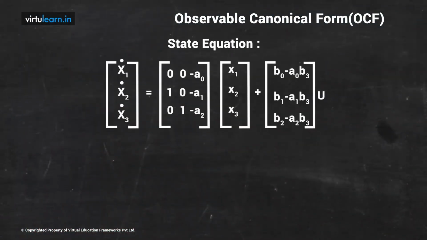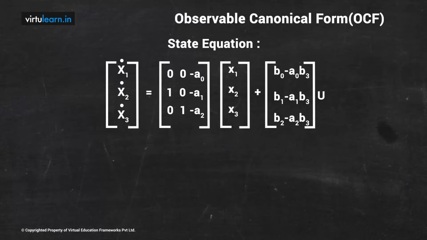Here I have x1 dot, x2 dot, x3 dot, A matrix, and what are the entries? Let us do the entries later. x1, x2, x3 plus B into u. So when you look at the equation x1 dot, we have 0, 0, minus a naught, and here the u term you have b naught minus b3 a naught. That is the first element in B matrix.